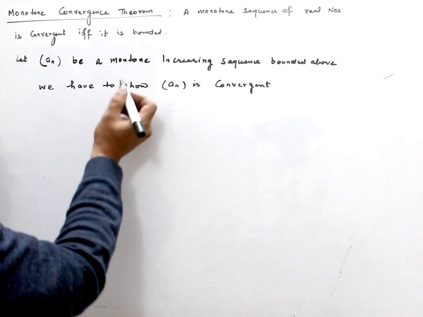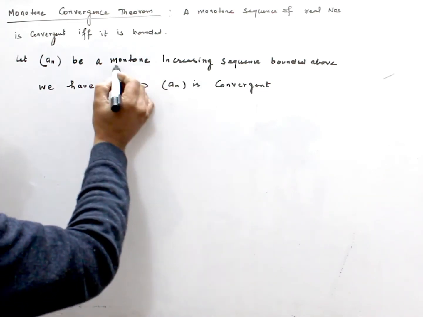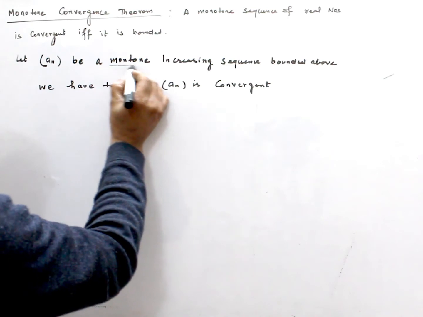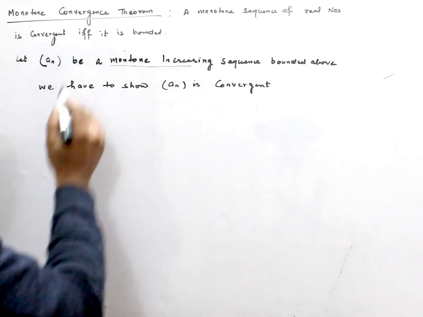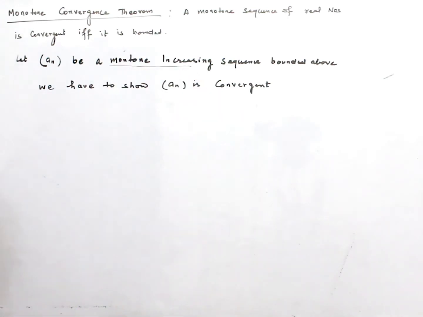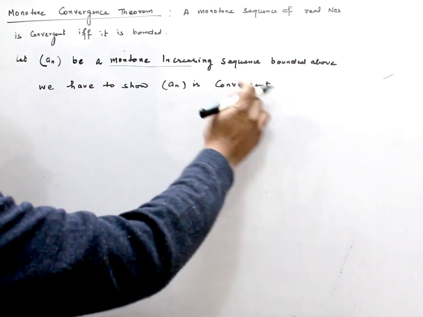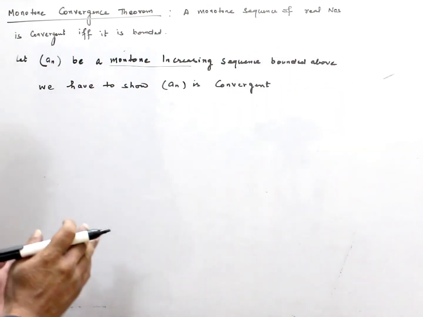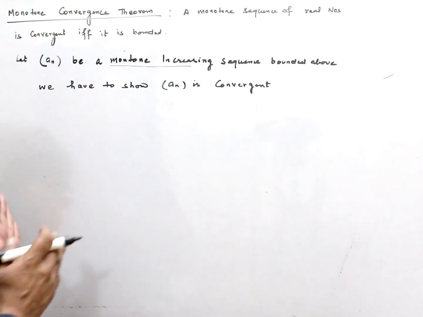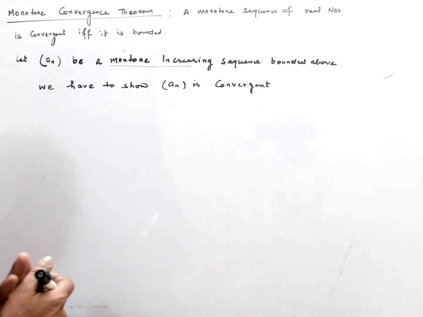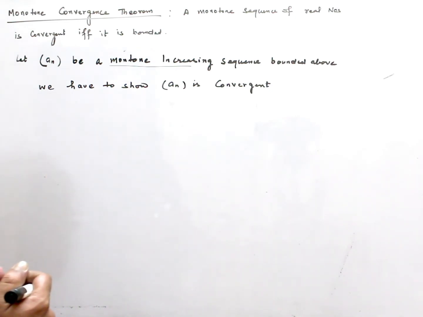So why do I take the monotone increasing? Monotone includes both increasing and decreasing parts, but I take increasing, then I have to take bounded above, because a monotone increasing sequence will increase from left to right.